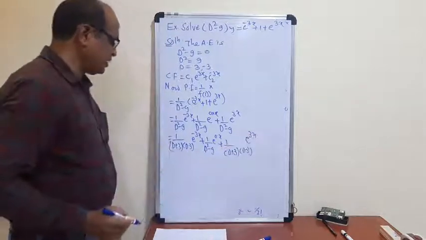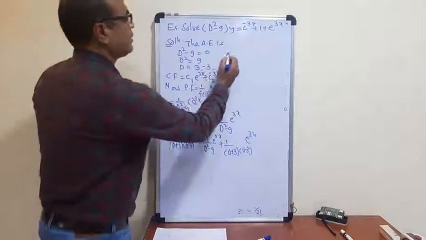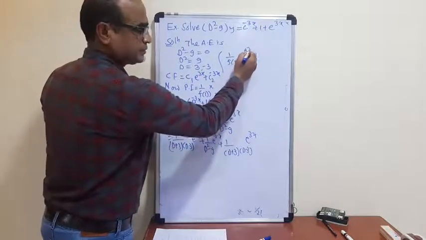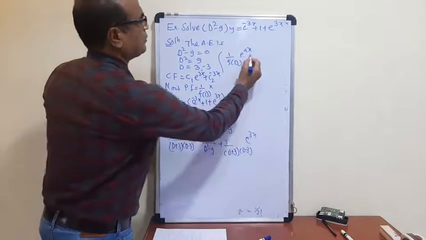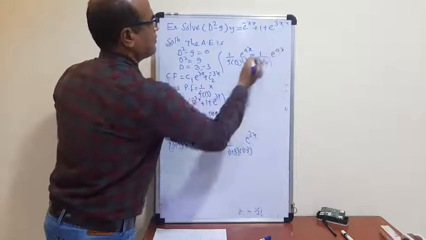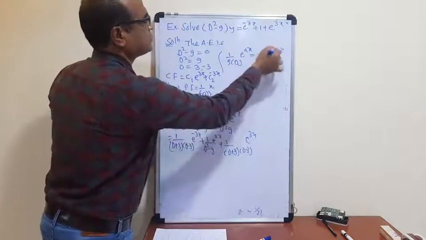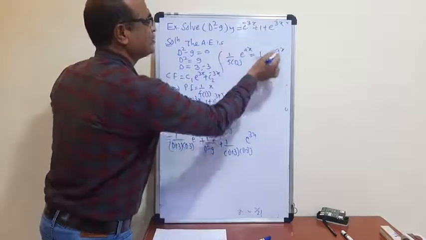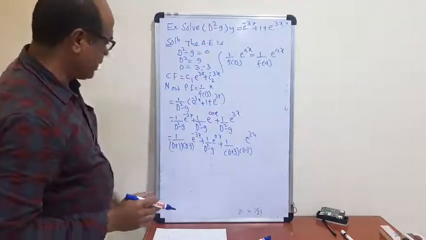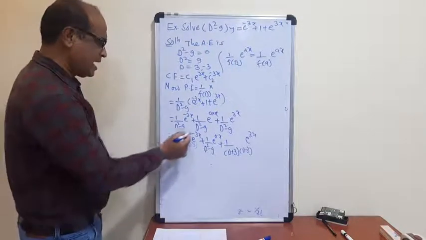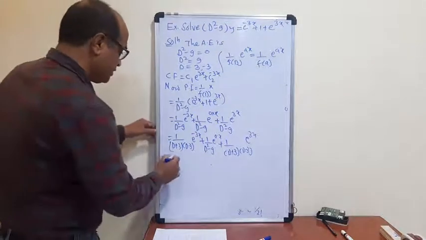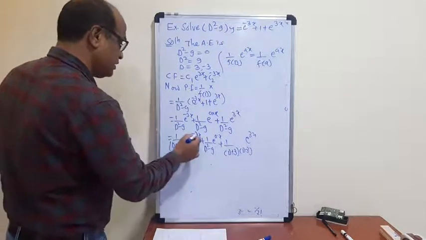Okay, what is the formula here? 1 upon f of D e raised to ax is equal to 1 upon f of a e raised to ax. To find the particular integral, put D equal to a. So what is a? A is minus 3 here.